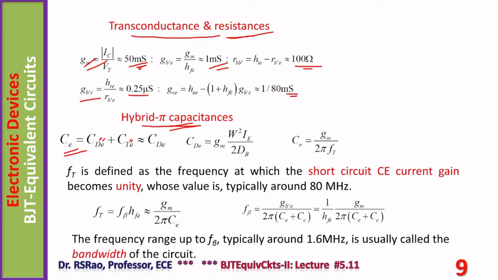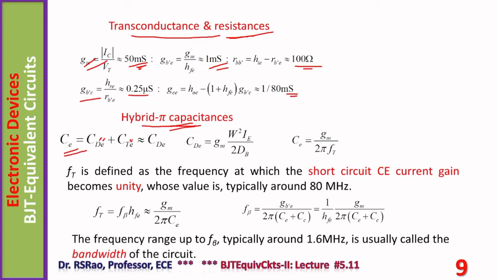At the junction, whether it is forward biased or reverse biased, there always exist two capacitances: one is diffusion capacitance, another is transition capacitance. However, under forward bias, diffusion capacitance dominates the transition, and under reverse bias, transition capacitance dominates the situation.